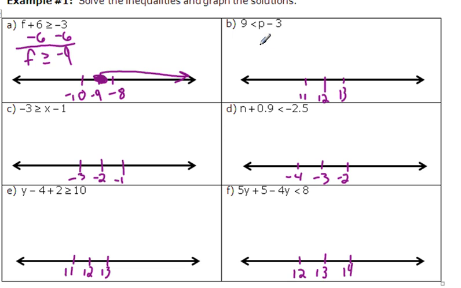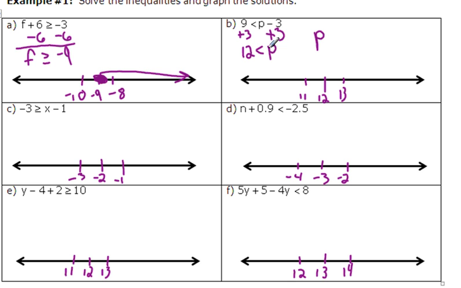So let's look at B. This one, I'm going to add 3 to get the p alone. 9 plus 3 is 12. I have 12 is less than p. Now this is my solution, but whenever you're going to graph an inequality, you always want your variable on the left side.